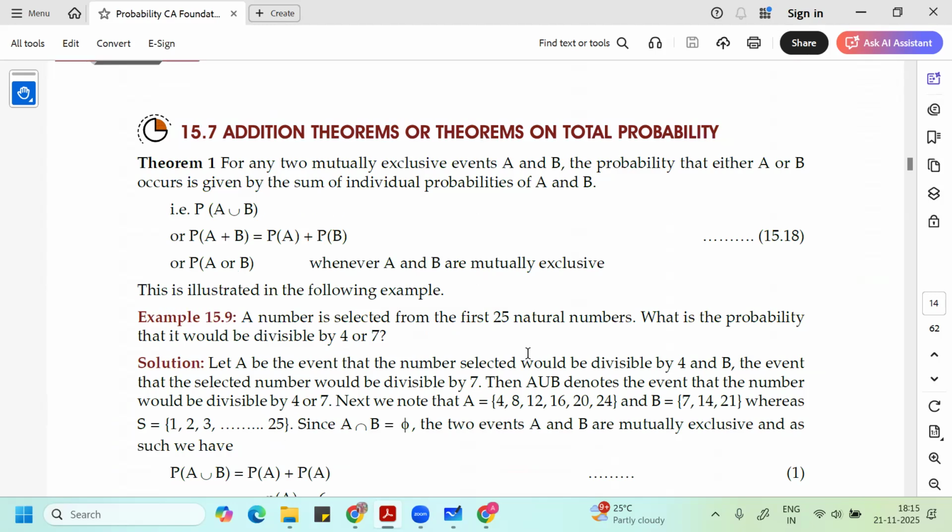When it comes to 7, there would be three numbers: 7, 14, 21. There's no number which is divisible by both 4 and 7, so they are mutually exclusive events. So the probability would be 6 plus 3, 9, 9 by 25.